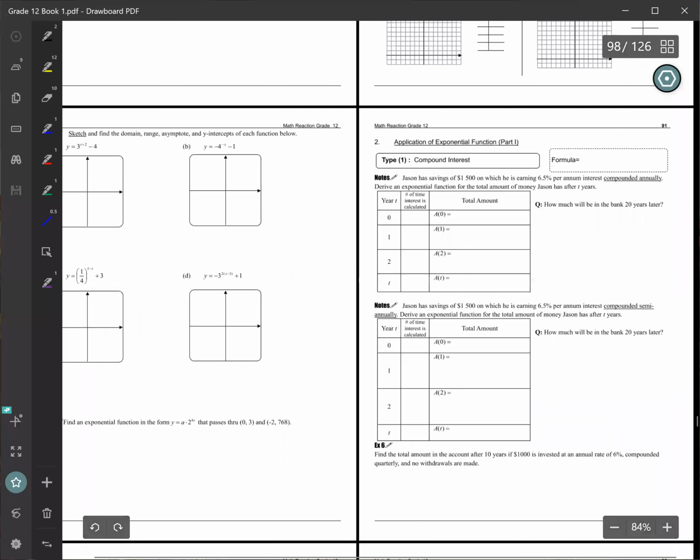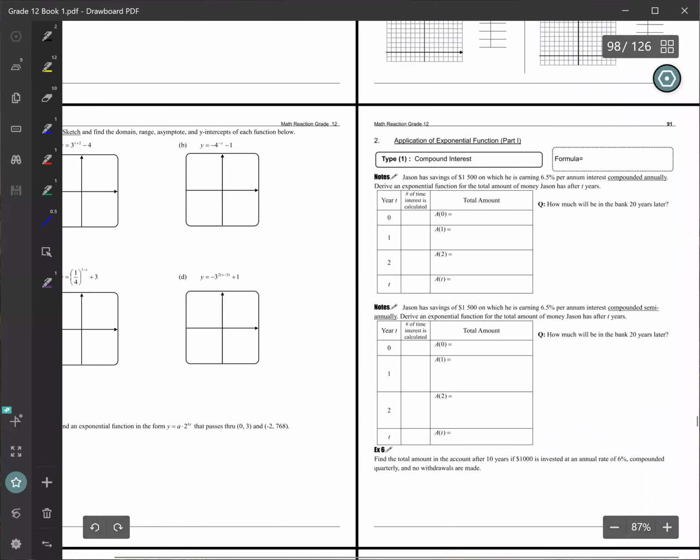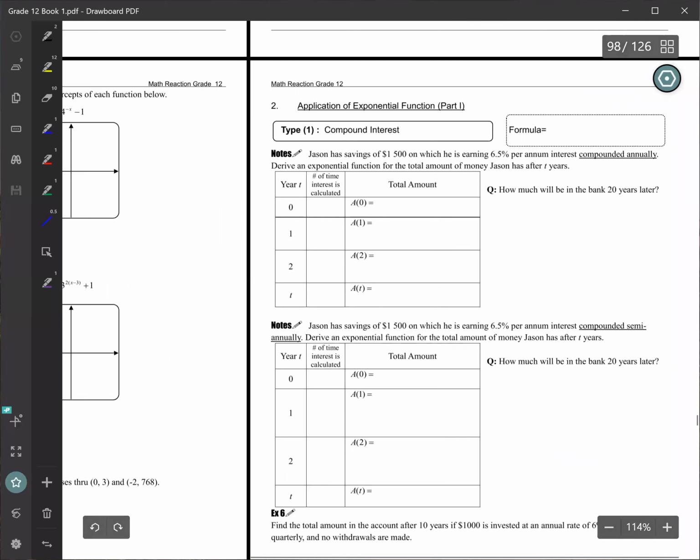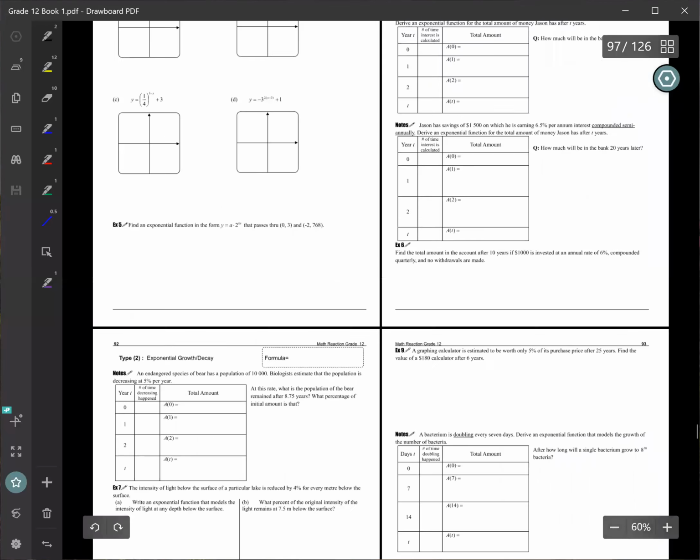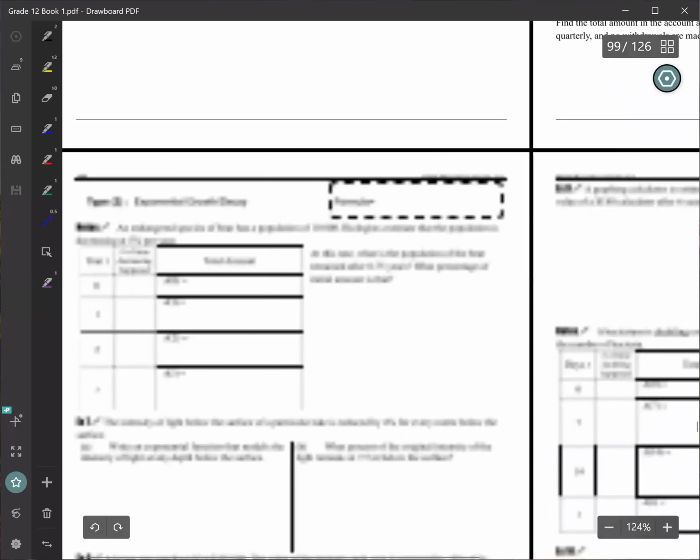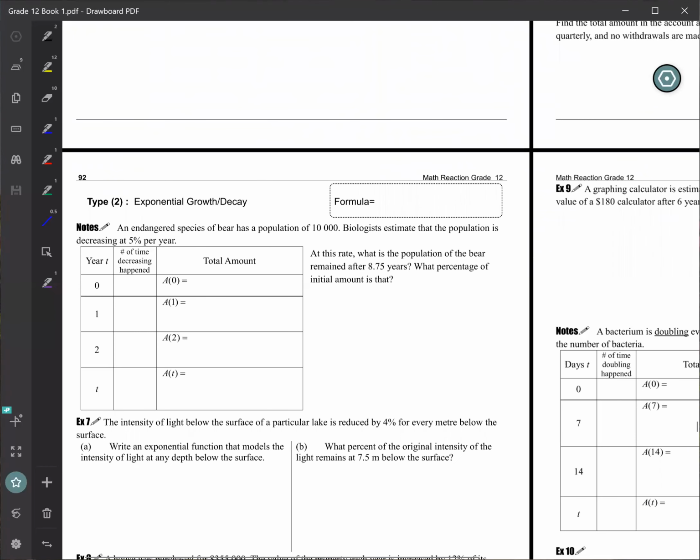And then there will be applications of the exponential function, okay? Mostly about calculating the amount of money when you deposit into the bank, right? So interest rate. And then there's another application called exponential growth and decay.